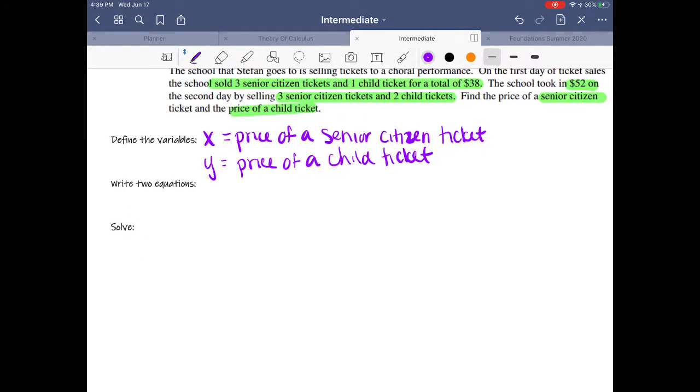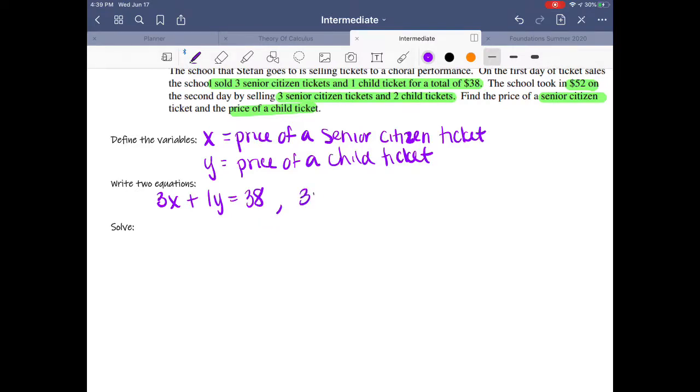So we're saying that in this problem, 3 senior tickets that cost x amount and 1 child ticket that costs y amount costs a total of $38.